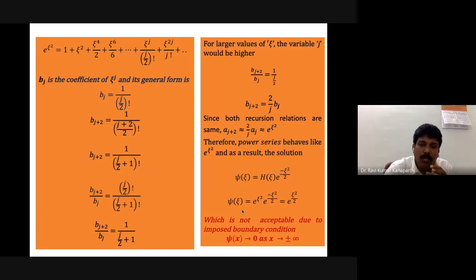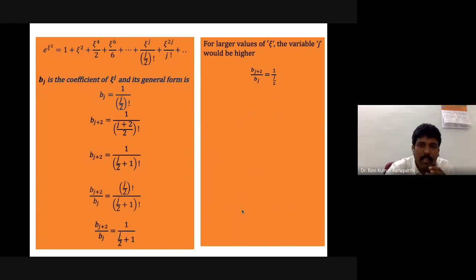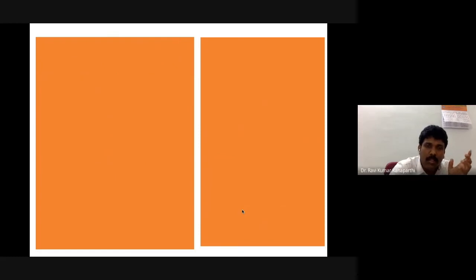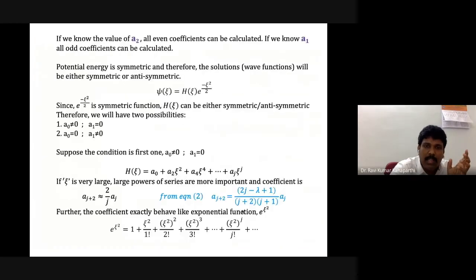In the previous case, if you go back, you see that the solution has even and odd terms, but later we realized that the even and odd terms can be treated separately, and the power series for h of z will have all even terms. Whether it is even terms or odd terms doesn't matter. Both will have the same argument, and the power series actually runs to infinite value.